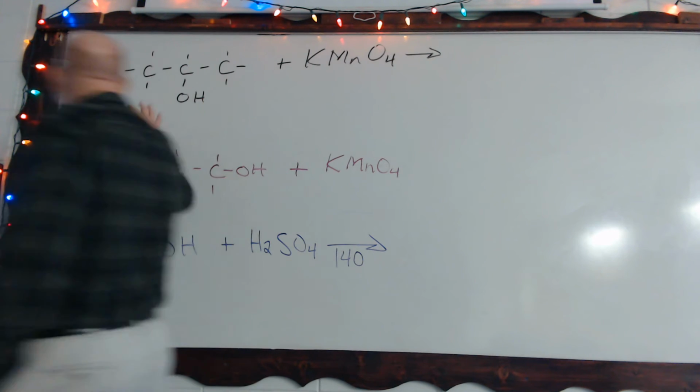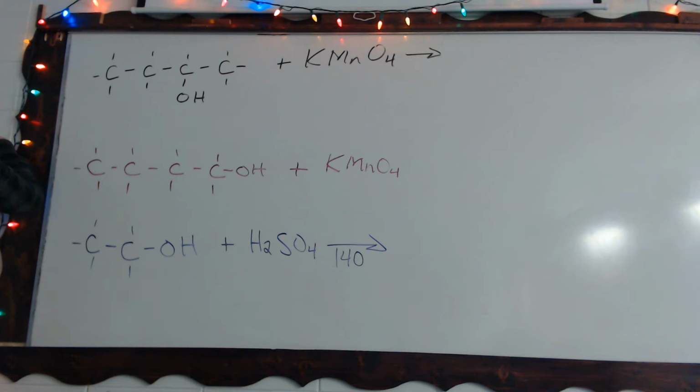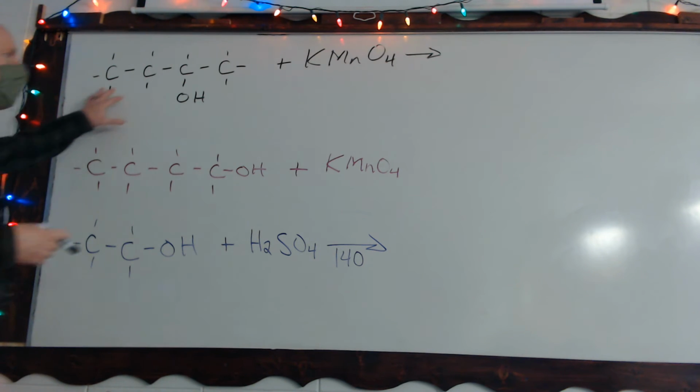So if we recognize that we've got an alcohol and we've got a secondary alcohol, what does that tell you you're going to do if you're reacting that with an oxidizing agent? It will form something very specific. Because it just has R's on there, don't remember? R is any hydrocarbon attached to maybe another hydrocarbon and hydrogens.